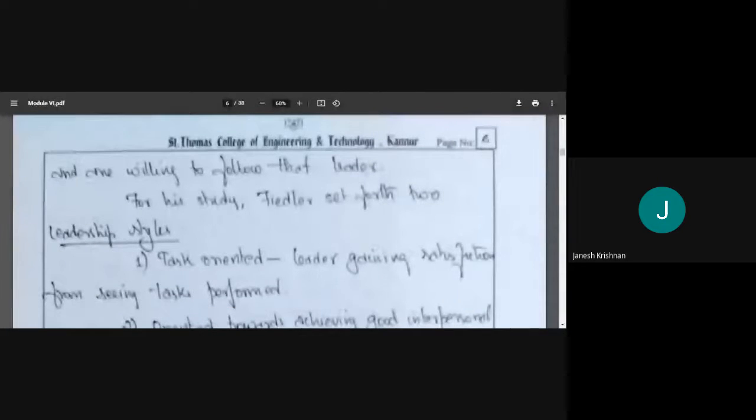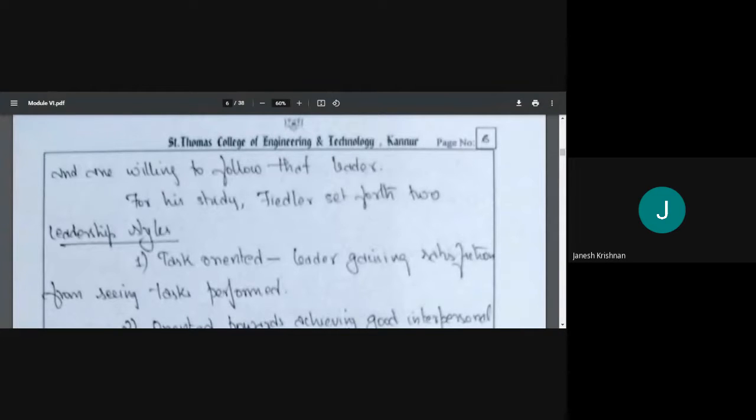So we have three dimensions. In this part, two questions may come up. The first one: write a note on the contingency approach or situational approach for leadership. The second one: what are the different dimensions of leadership. So you have to write the answer accordingly. According to Fiedler, there are three dimensions.